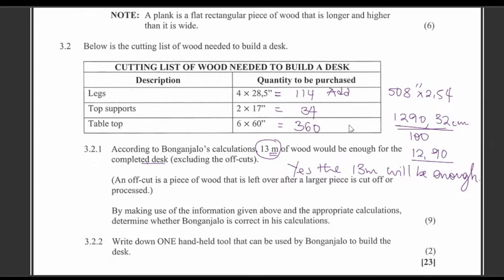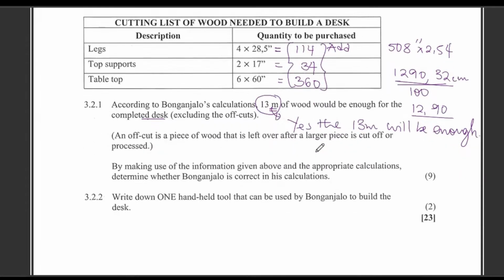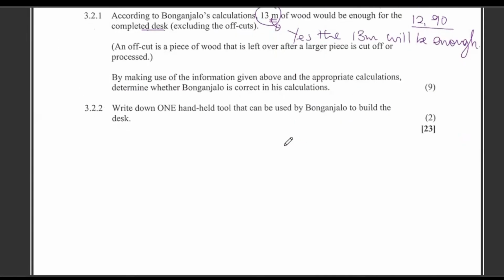Get the amount of length that we need for each part. Afterwards, add them up, change them to centimeters, then finally change them to meters. Why? What you're comparing with. So 13 meters will be enough. So his statement is correct.